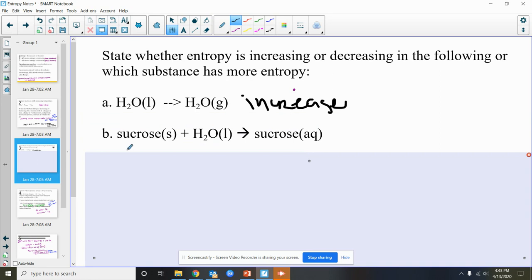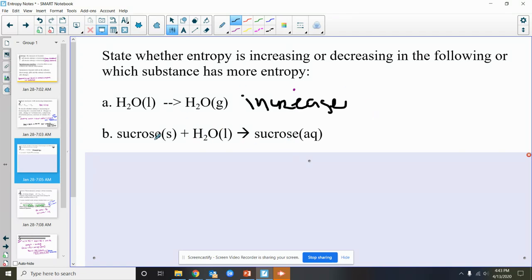Okay, B, I've got sucrose, okay, which is just solid sugar, and I've got water, and this is an example of a dissolution. So if you'll notice that sucrose was in that solid stage, and it dissolved in water, and now it's in that aqueous form. It's still sucrose on both sides. I didn't break up sucrose.